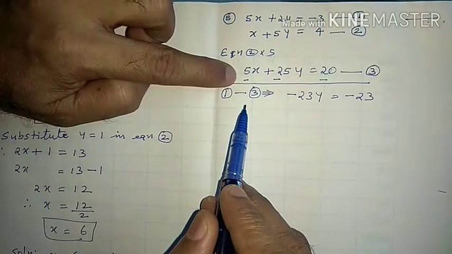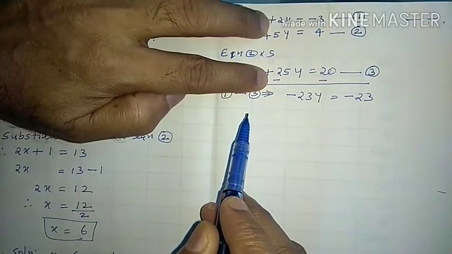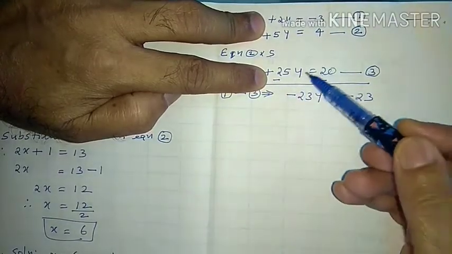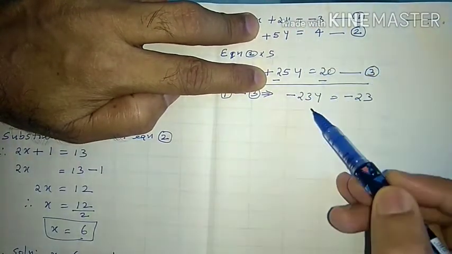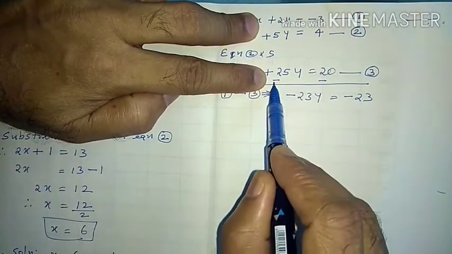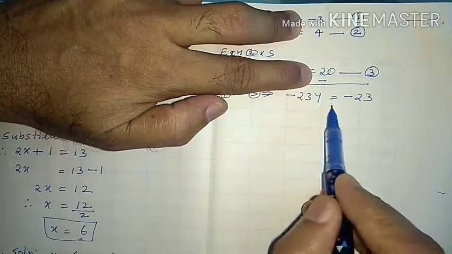We have to add carefully. Minus 5x plus 5x becomes 0. And minus 25 plus 2 is minus 23. 25 minus 2 is 23, greater number sign is minus. And here minus 3 minus 20 more, minus 23.